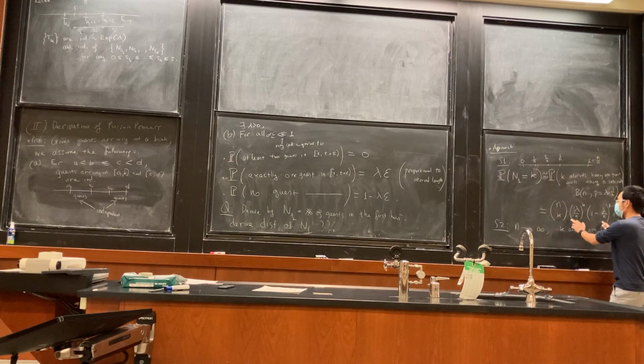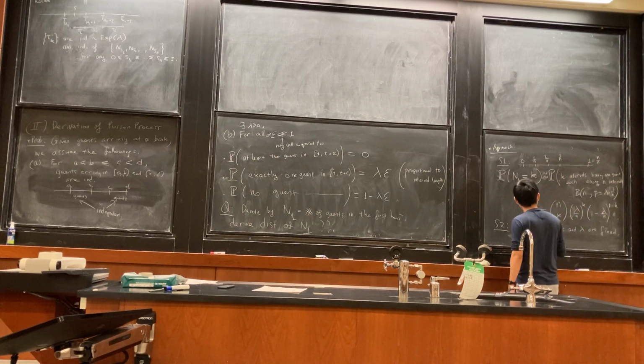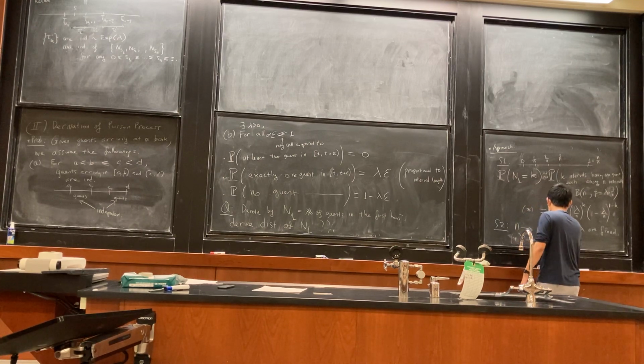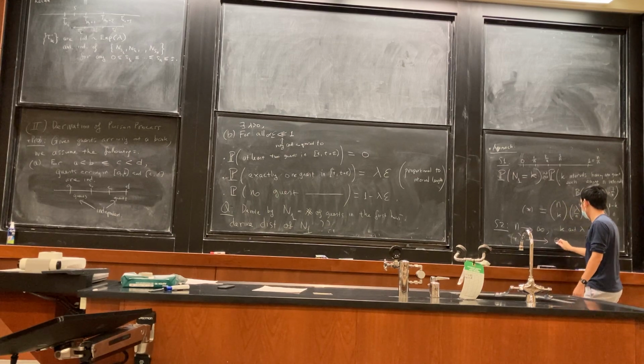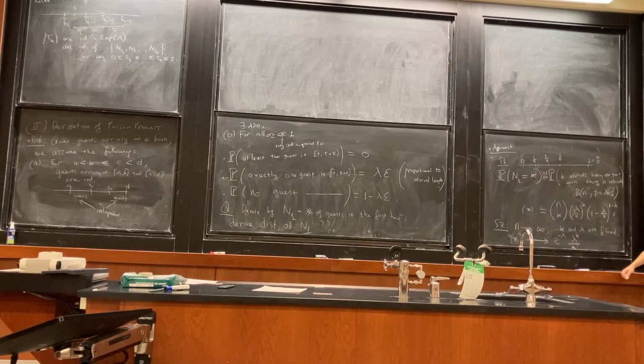This product over here, let me call it star, will go to the Poisson distribution, namely e to the minus lambda times lambda to the k over k factorial, which is the mass function of the Poisson distribution.